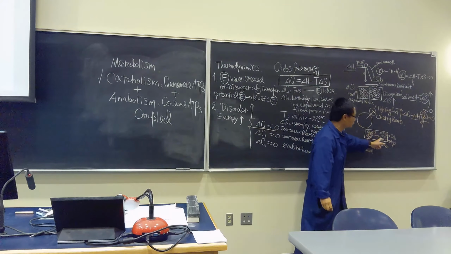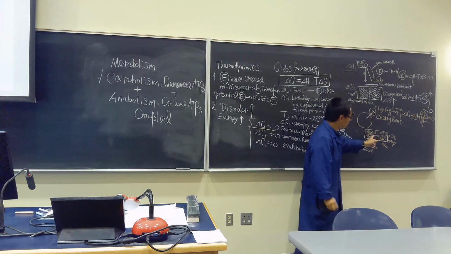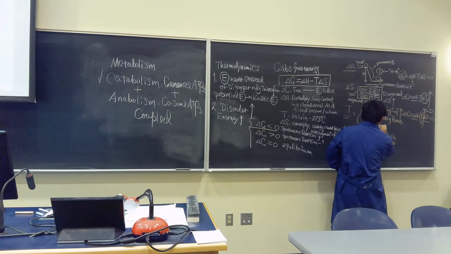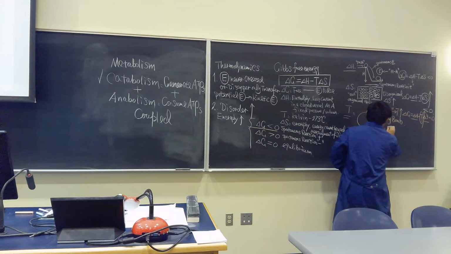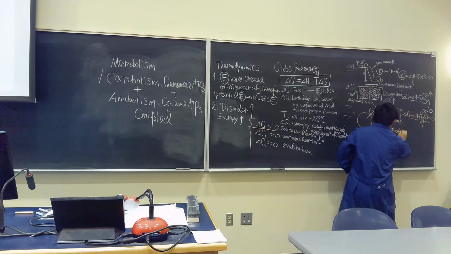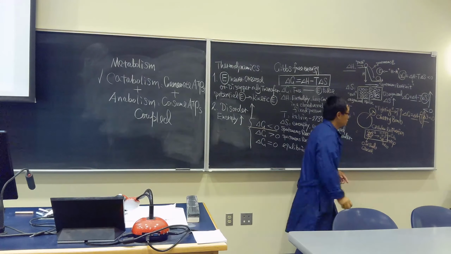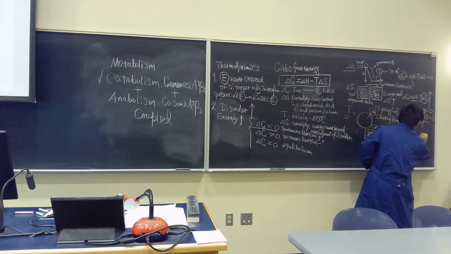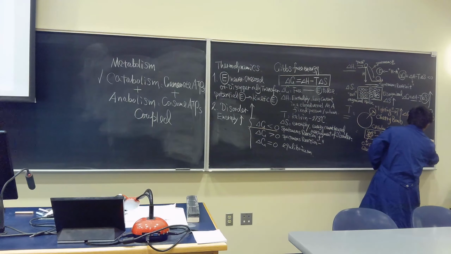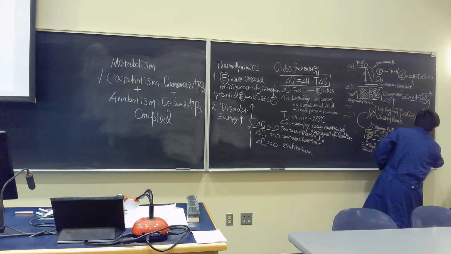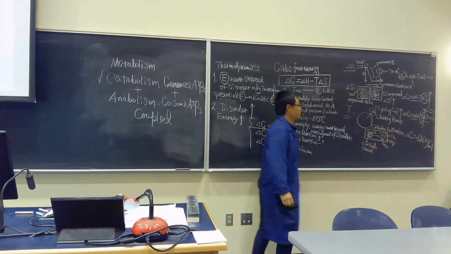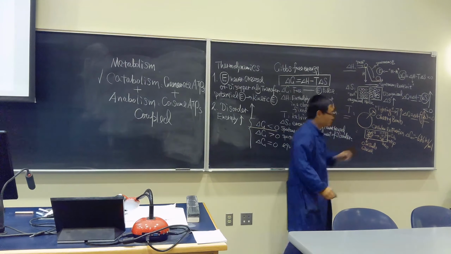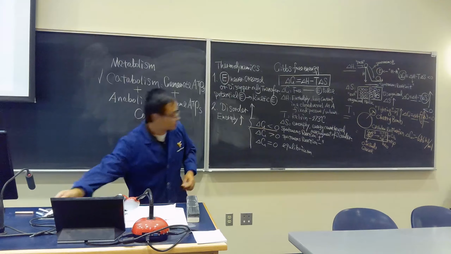From organized to disorganized. This is well explained by cellular respiration. So, cellular respiration. What's the value of delta G? Negative 686 kJ per mole.